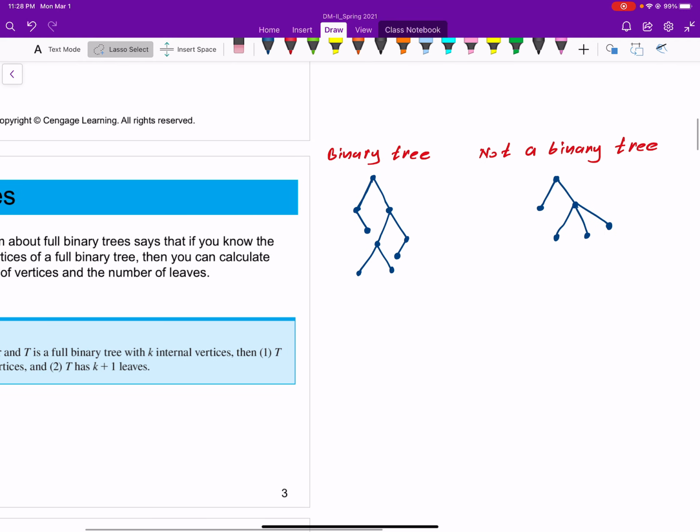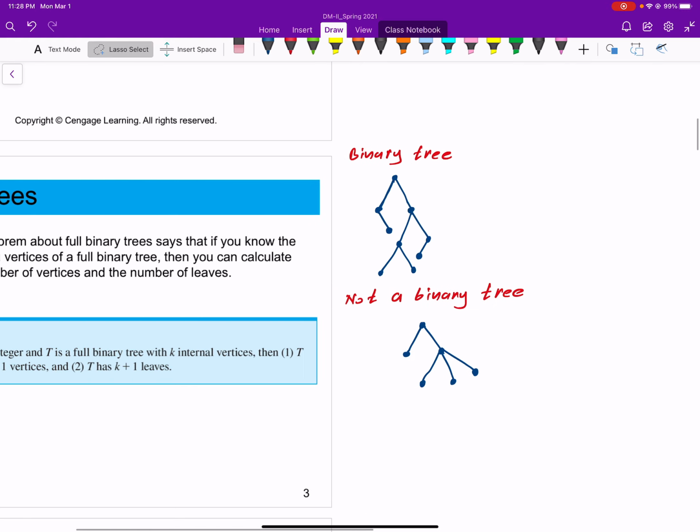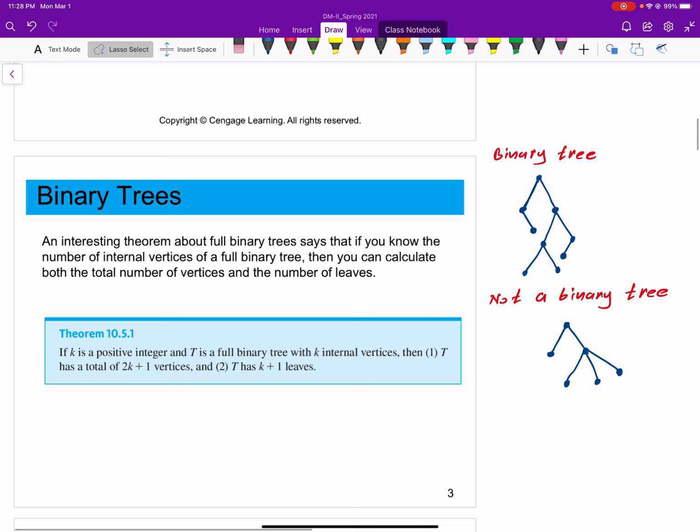Let me take this right here. Let me read this. An interesting theorem about full binary trees. This is a full binary tree. If it's a full binary tree, then each parent has exactly two children.